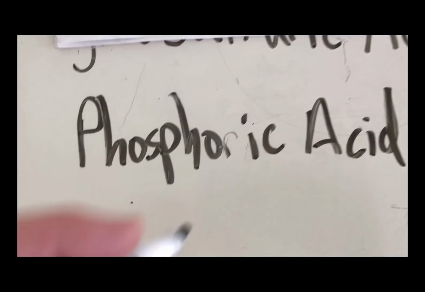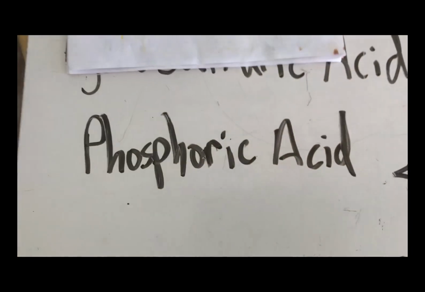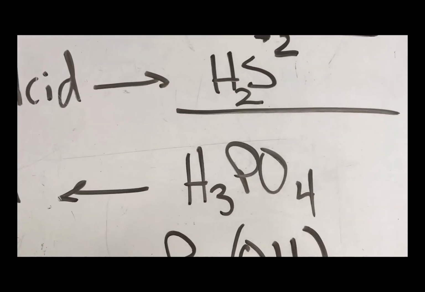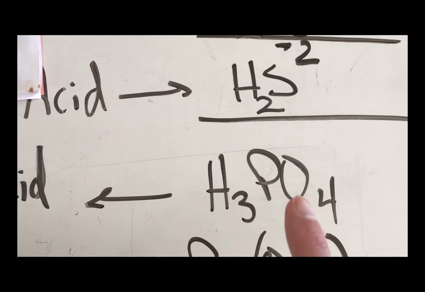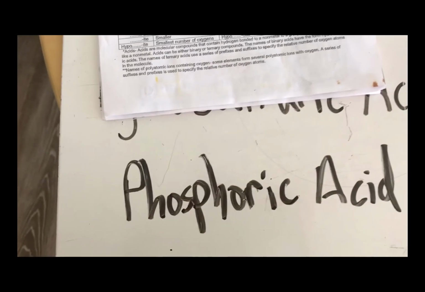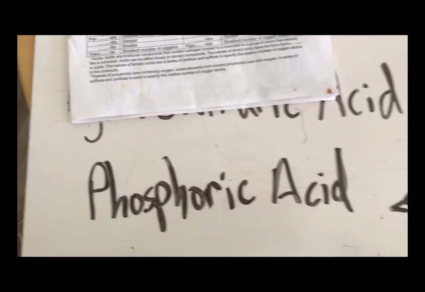It's just working backwards. I look off the chart, I find that's a phosphate, I look up here, the ending changes to ic, and so instead of phosphate acid, it's phosphoric acid.